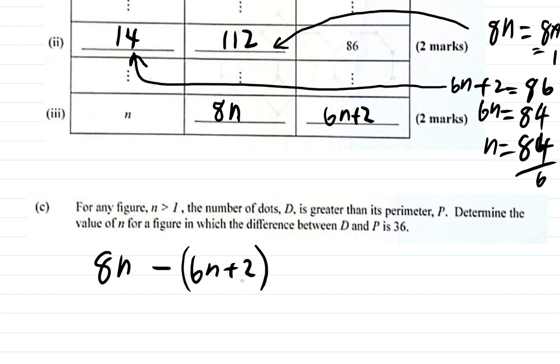You have to put the 6n plus 2 in brackets, you know. It's one whole thing. Is equal to 36. So you say 8n minus, open the bracket, you would have minus 6n minus 2. Remember, it will change the sign of everything inside the bracket.